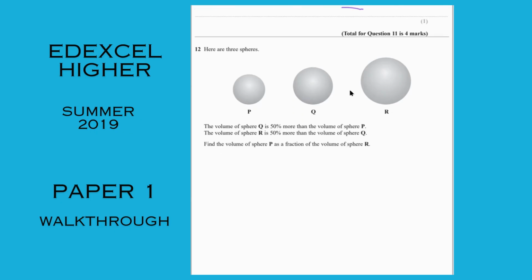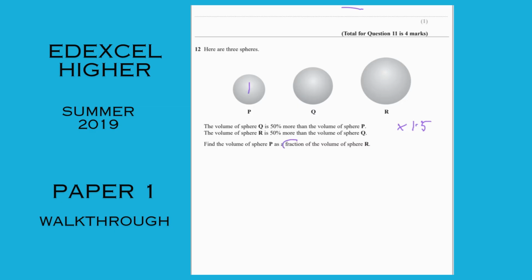Number 12, one of them darn questions where they don't feel like they give you enough numbers. My advice, make one up. You could call it 1, you could call it 100. It's entirely your choice, but pick nice numbers. So if I'm going to say that the smallest volume is 1, and you want to increase it by 50%, you are timesing it by 1.5.